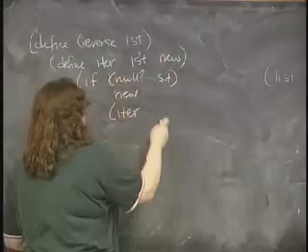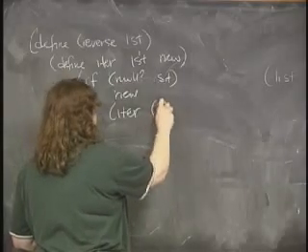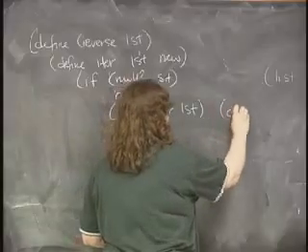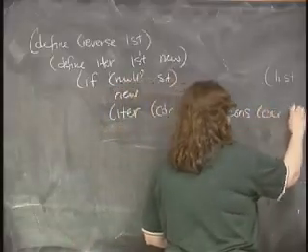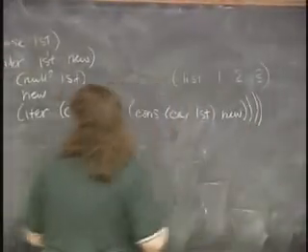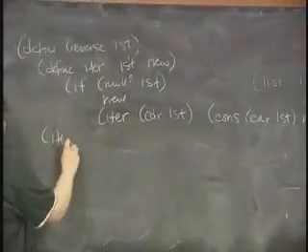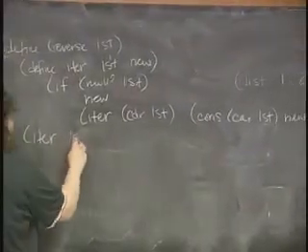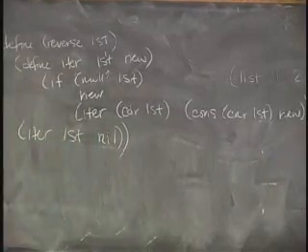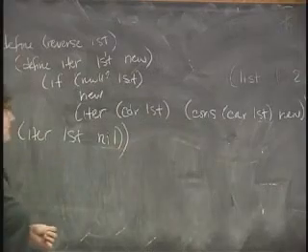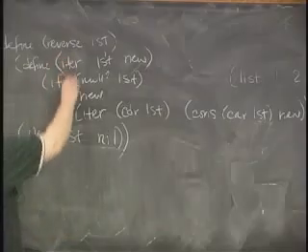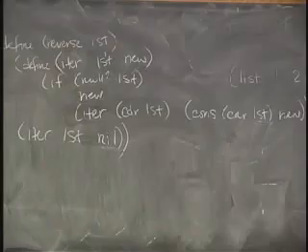We're going to take the cdr of the list, and then cons the car of the list onto new. With 2, 3, 4, what would be our call? And that nil gets us that first nil at the end, the bottom one. There you go. That's reverse.